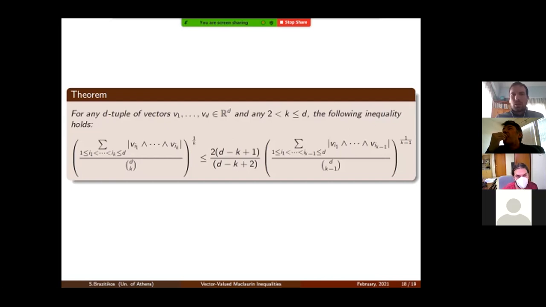Here, this proof gives only d of them, like the dimension, but maybe.